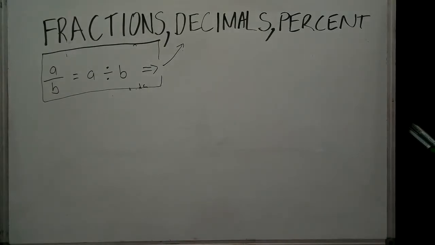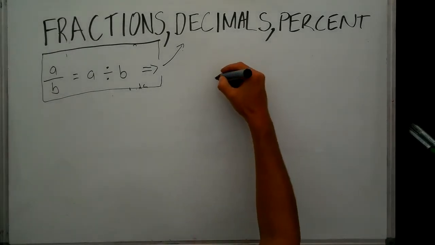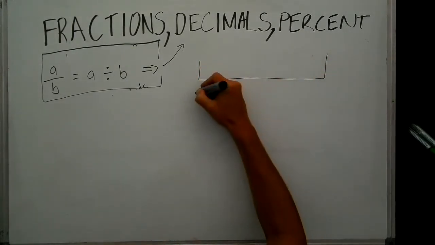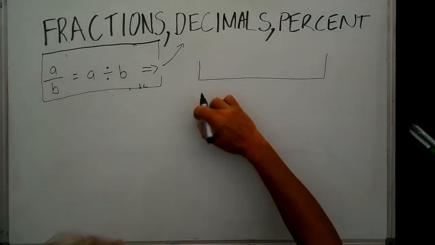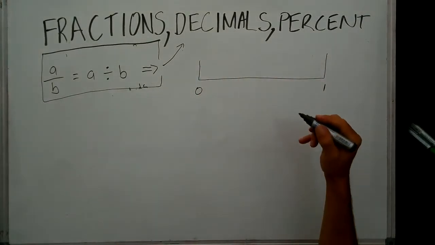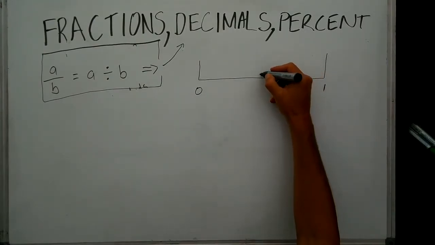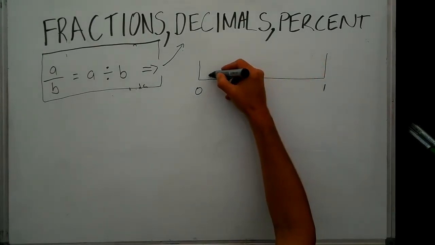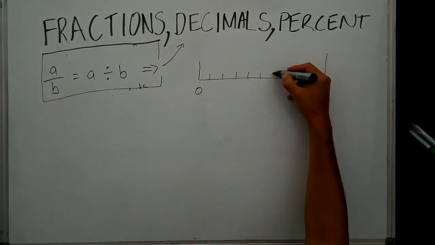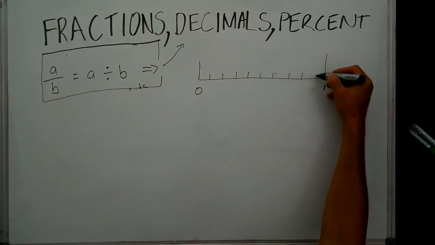So now let's have a quick talk about percentages. So let's just put our number line back up here. 1. So a decimal is essentially going, let's just chop this into 1, 2, 3.